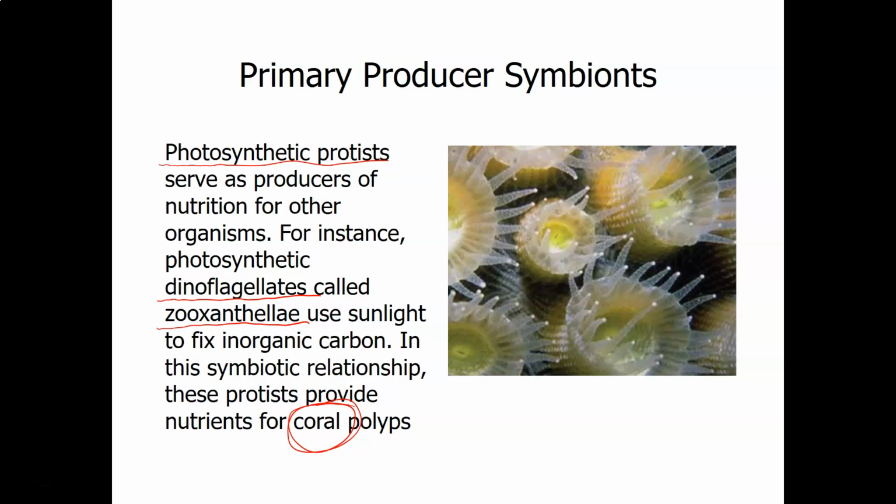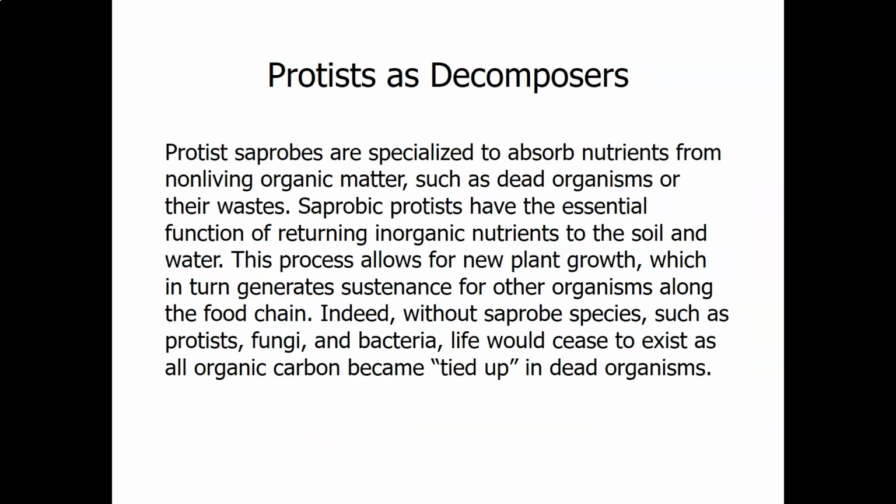The coral reef, for example, I think everybody can relate to Finding Nemo, so that's the habitat in Finding Nemo. But these animals are called corals, and the dinoflagellates live symbiotically with them, and they provide nutrients to the coral animal.